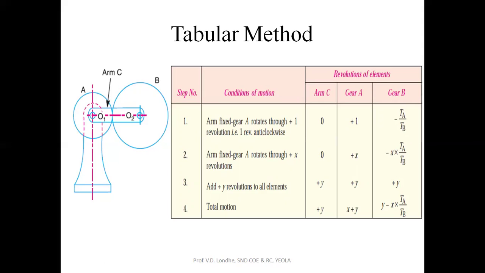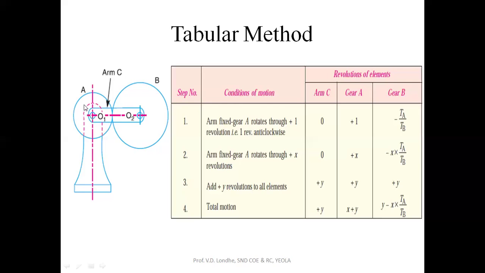Now in the epicyclic gear train, the gear A is called the sun gear, to which input is given. Gear B is the output gear from which you get the output. But gear A and gear B are connected with the help of this arm C, which has relative motion with respect to the fulcrum points O1 and O2.